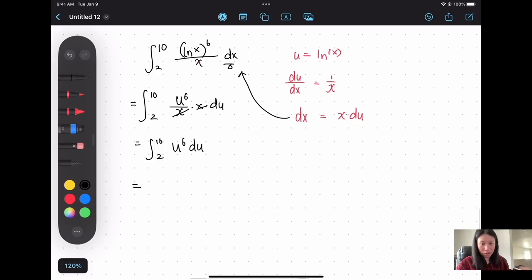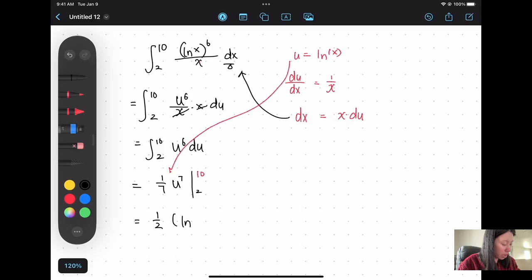Now we can do the integration, which is 1/7 u to the 7th power from 2 to 10, sorry. Now the next step is I substitute u back and figure out the answer from 2 to 10. So our u is equal to ln of x to the 7th power.